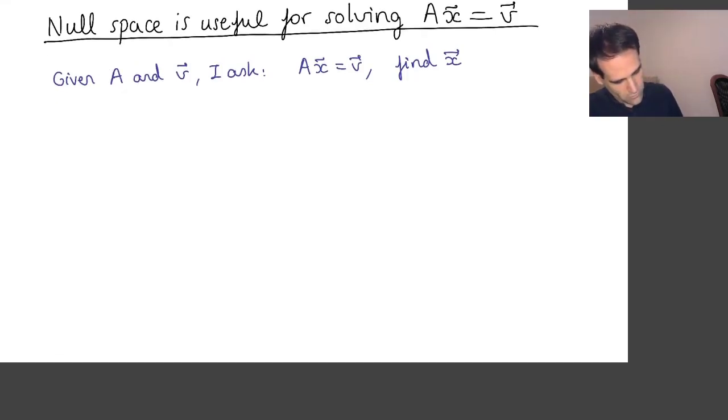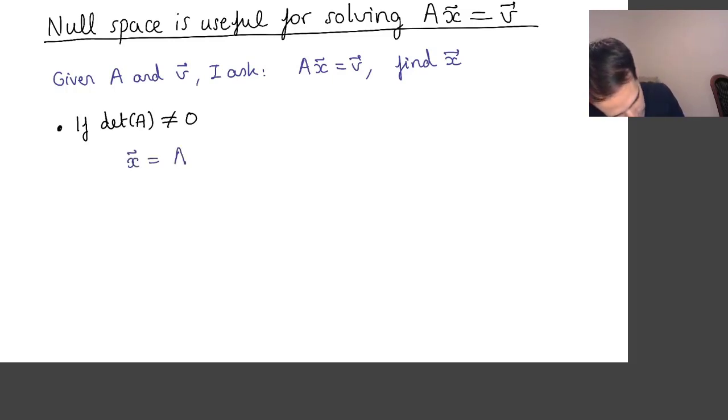So two things can happen. If the determinant of A is different to 0, then you can calculate the inverse of A, and then you can say X equals the inverse multiplied times V.